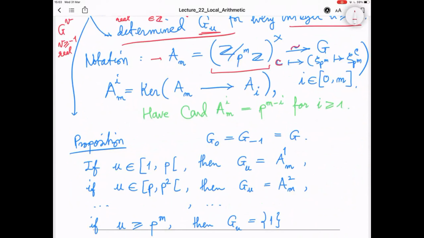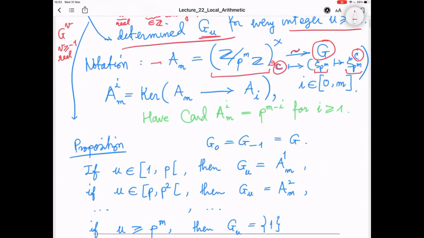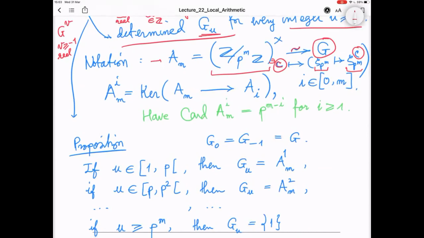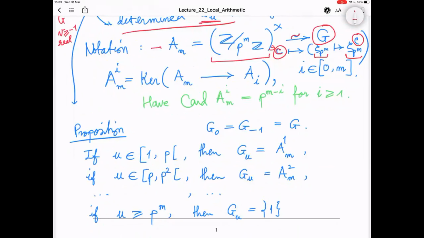It takes a c in this group to the automorphism in G which takes zeta_{p^m}, this primitive p^m-th root of unity, to its c-th power. It's the inverse of what is called the cyclotomic character.